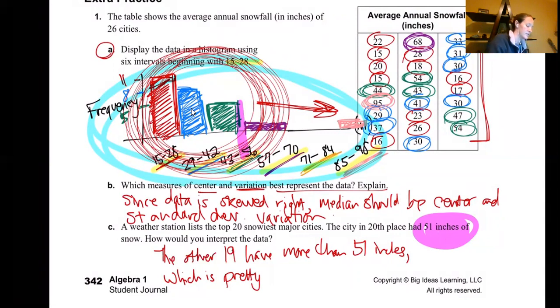There are lots of cities in the United States, right? But coming back to this answer, I think I accidentally erased it. The other 19 have more than 51 inches, which is pretty rare. According to our histogram, we know that there aren't that many cities getting above 51 inches.